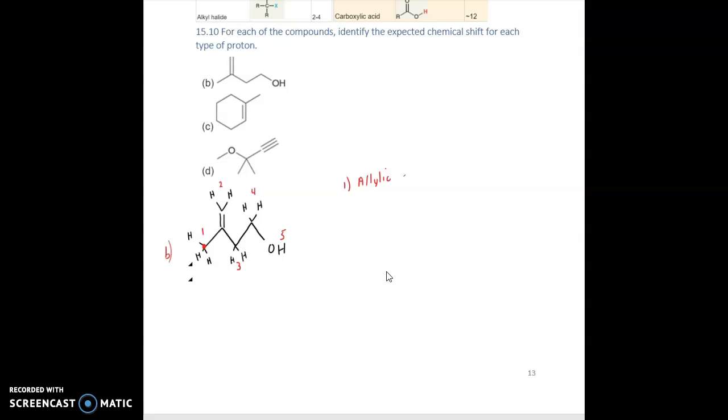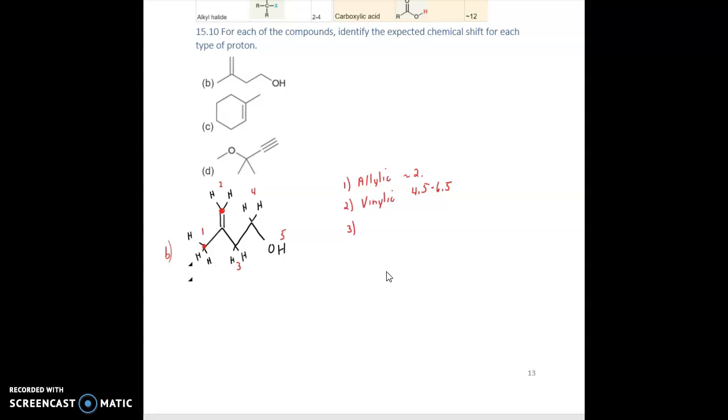Allylic hydrogens are going to be at about 2. The hydrogens at position 2 are vinylic. Because they are attached to the carbon that is part of that double bond. And we expect those hydrogens to be between 4.5 and 6.5. I'm just getting those off the table.